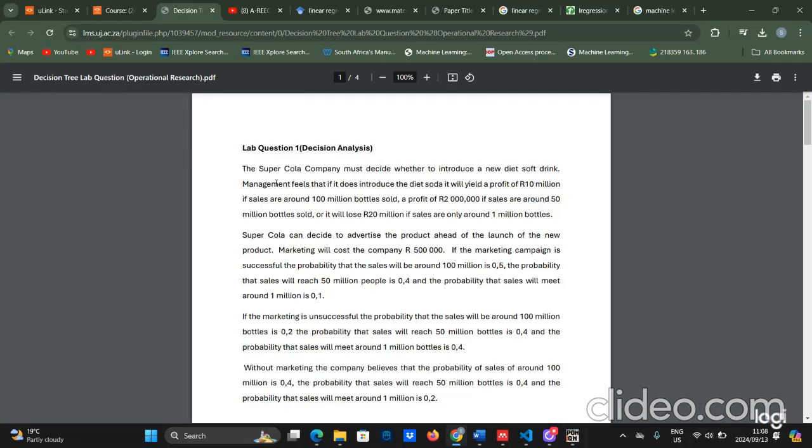It's about the Super-Cola company. Here they're saying the Super-Cola company must decide whether to introduce a new diet drink.